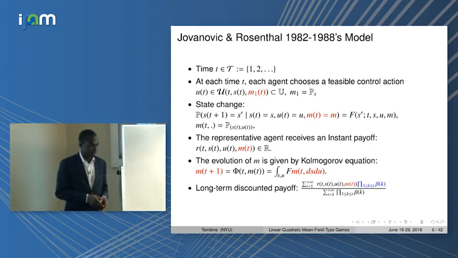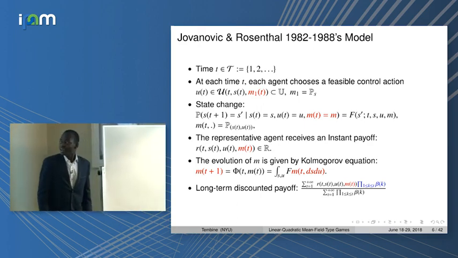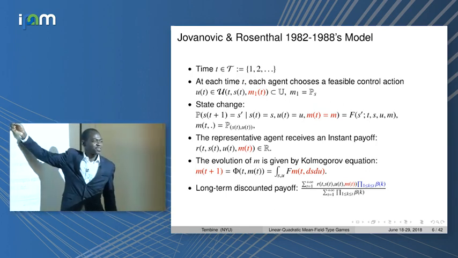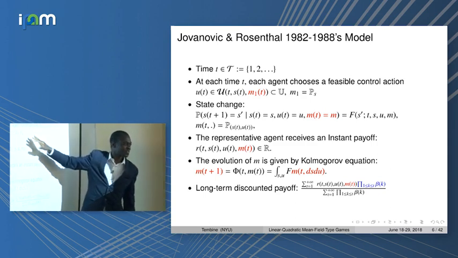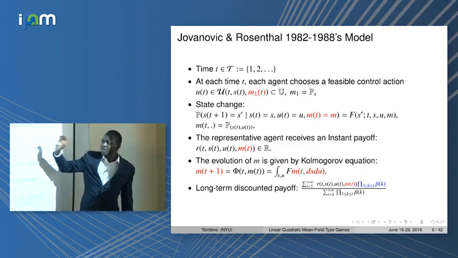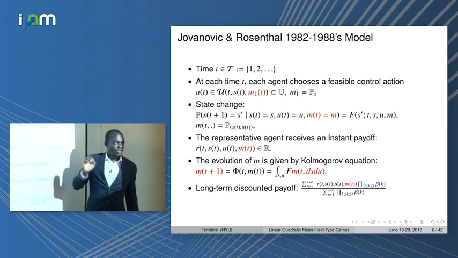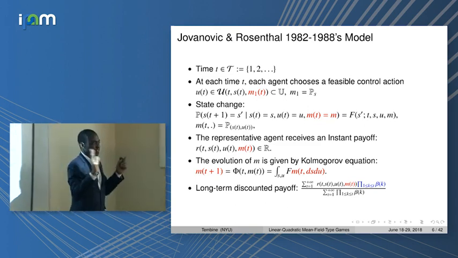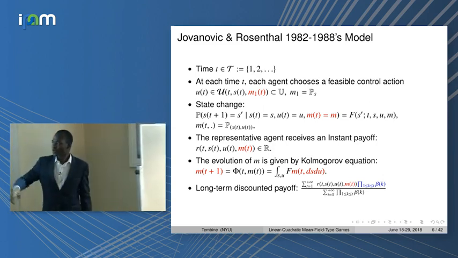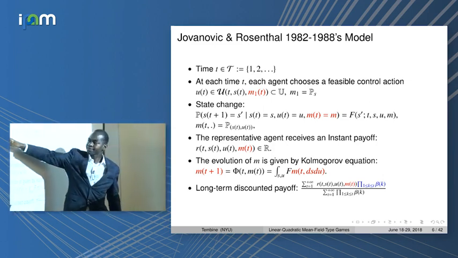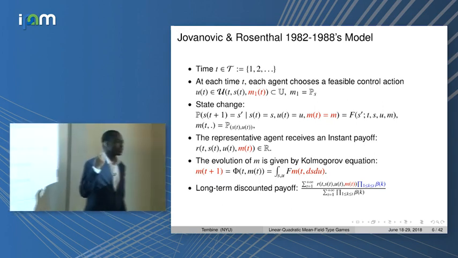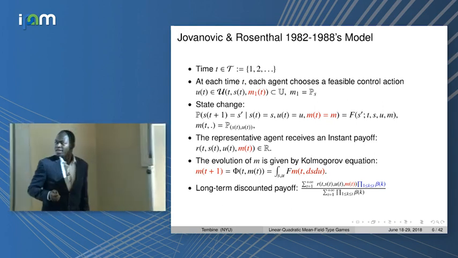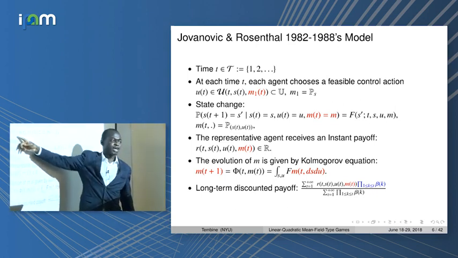So Jovanovic and Rosenthal proposed this model. Time is going to be discrete. So for those who are working on continuous time, for a few minutes we will be focusing on the discrete. There is an infinite number of decision makers, and I don't tell you what this set is. It could be diffuse or not. Each generic agent picks a control action u, and u belongs to a constraint set.